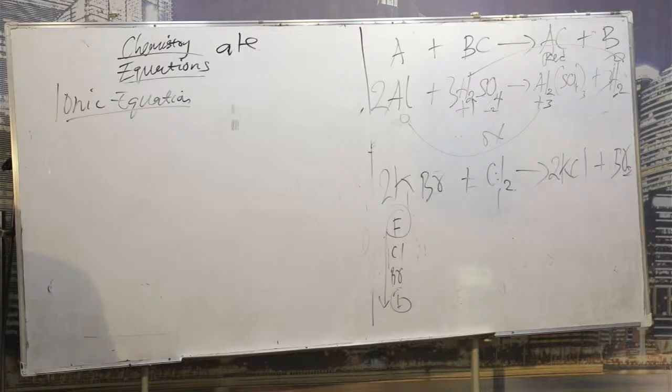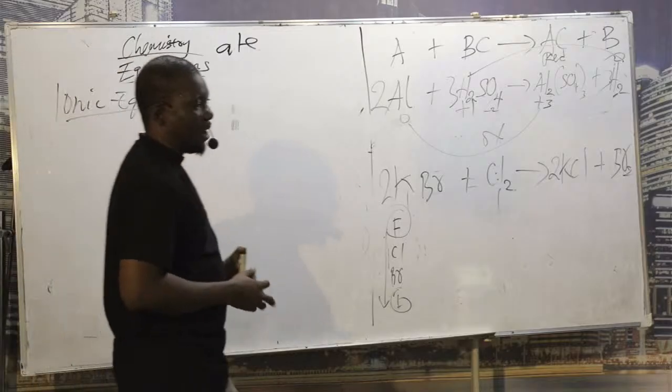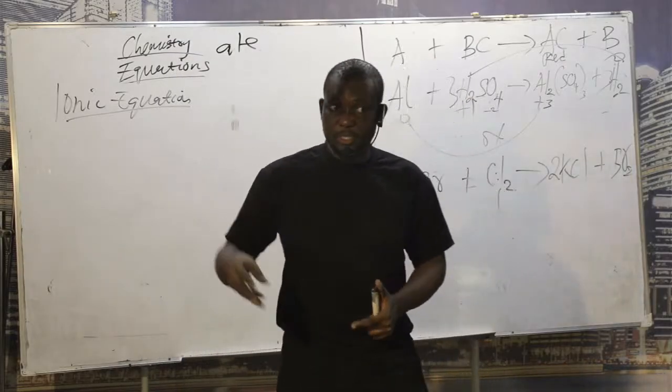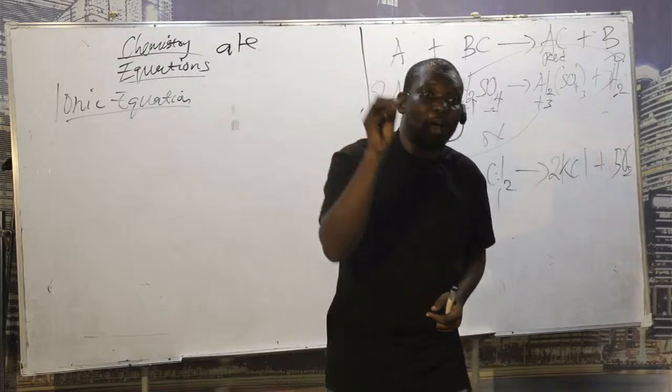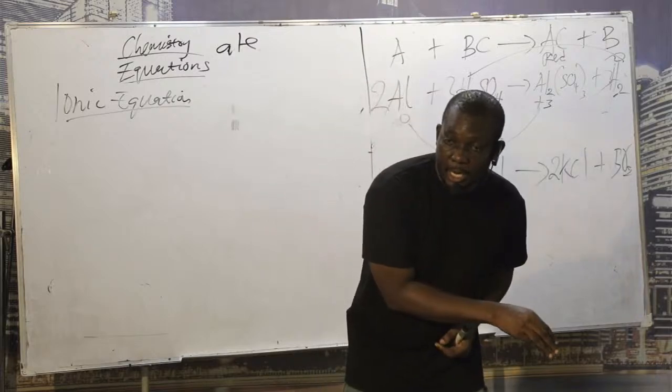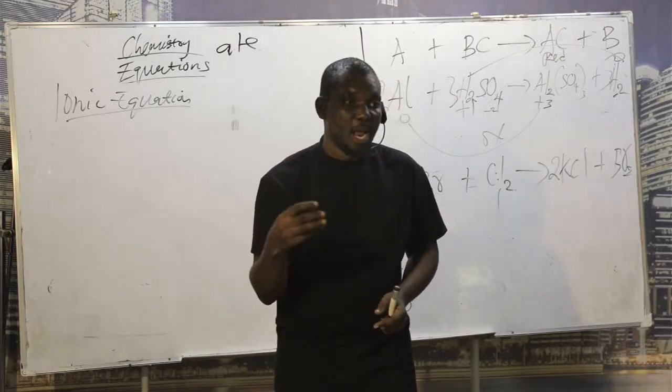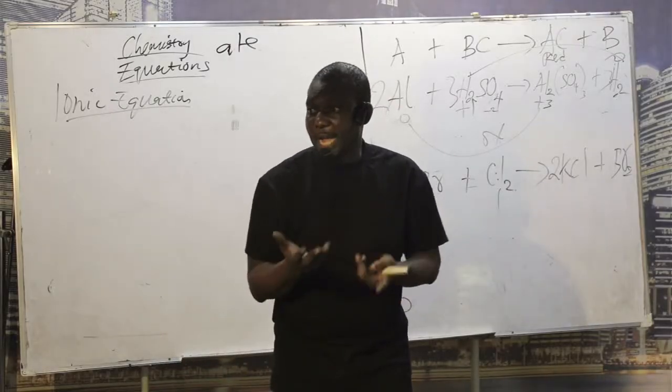The effort you put in to balance an equation is the same effort you put in balancing an ionic equation. The difference is the ion I added to it. Ion means a species carrying net charge in an equation.